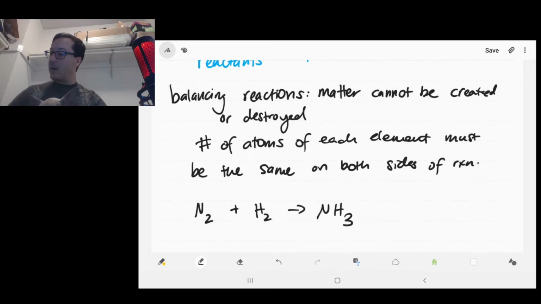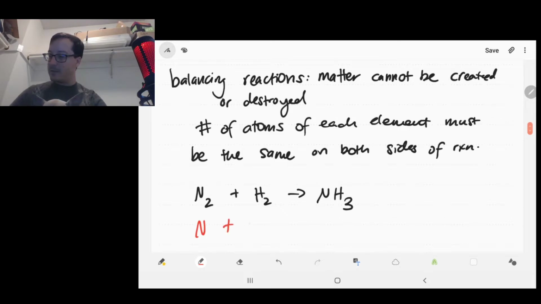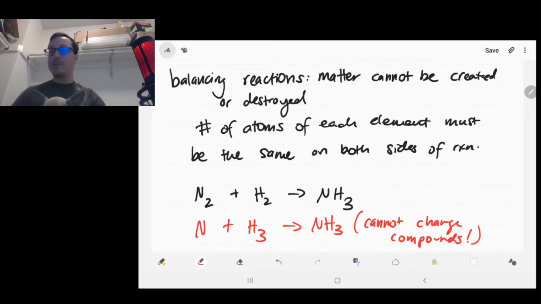We can't just say, well, let's make this easy and let's just change this to N plus H3 turns into NH3. Wouldn't that be nice? No. Unfortunately, we cannot change the compounds here. Once we predict the correct compounds, we're going to see we cannot change those.